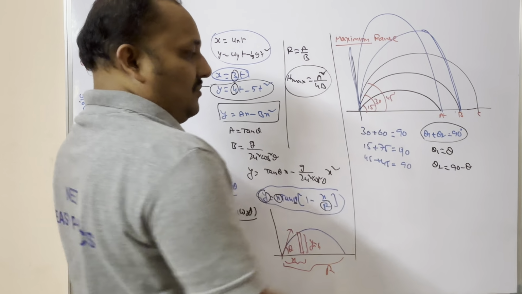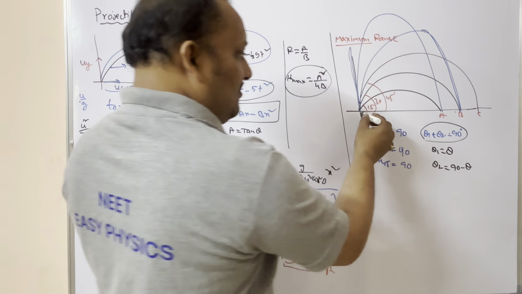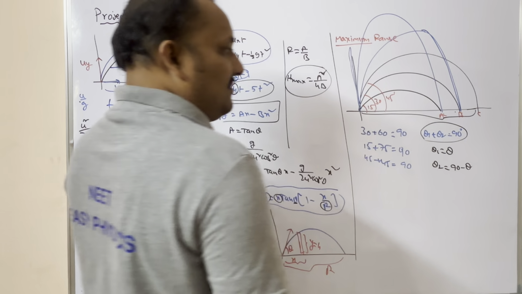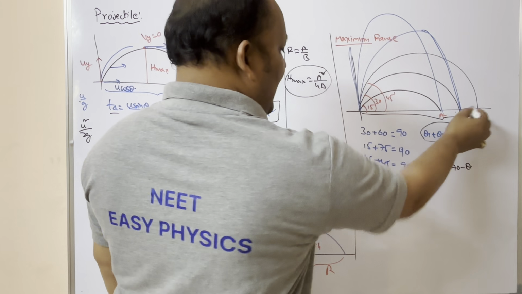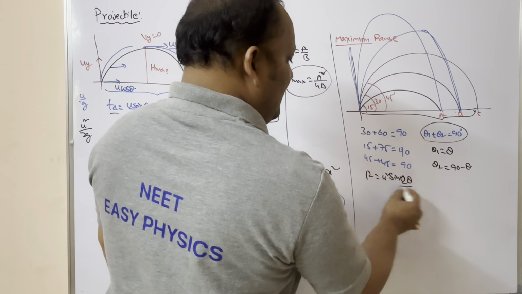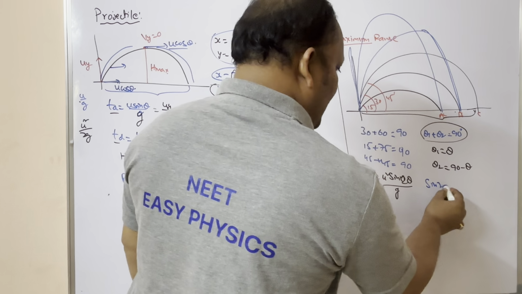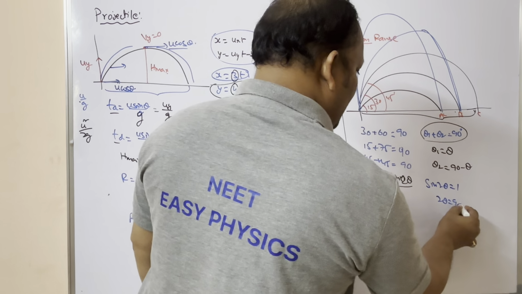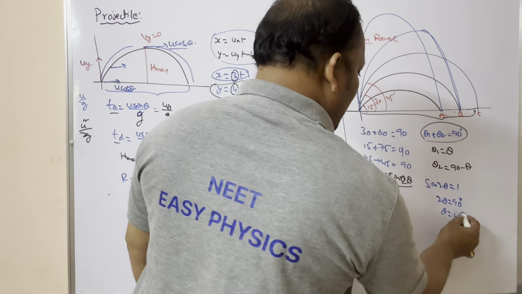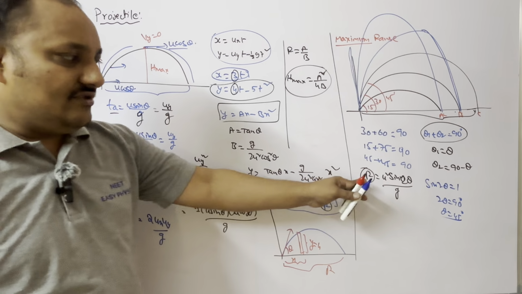If both projectiles are projected with the same velocity, they are going to acquire the same range. Now out of all this, which has the maximum range? The 45 degrees angle. Why? Because according to the formula u square sin 2 theta by g, for it to be maximum sin 2 theta should be 1, so 2 theta should be 90 degrees. Then theta is going to be 45 degrees, isn't it? So the range is going to be maximum.